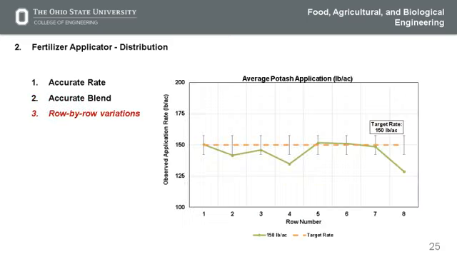So we've done a few tests with different manufacturers and the ability of fertilizer to keep an accurate rate, and we've seen good rates there. We just did a simple test with a 150-pound potash application and looked at the variation across the rows. Within 20 pounds an acre, we really liked that. There was 1 or 2 rows that were down, but for the most part, we're keeping and holding an accurate rate. So these tools are cutting-edge technology.